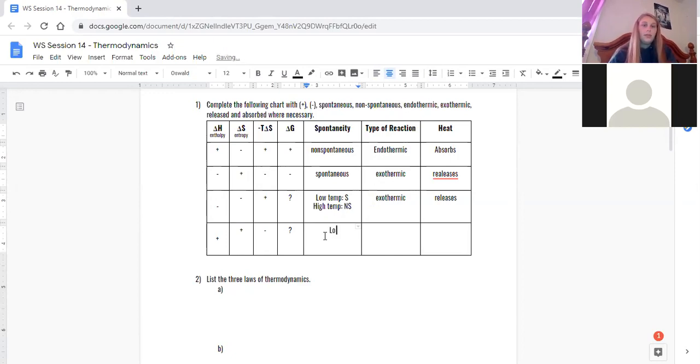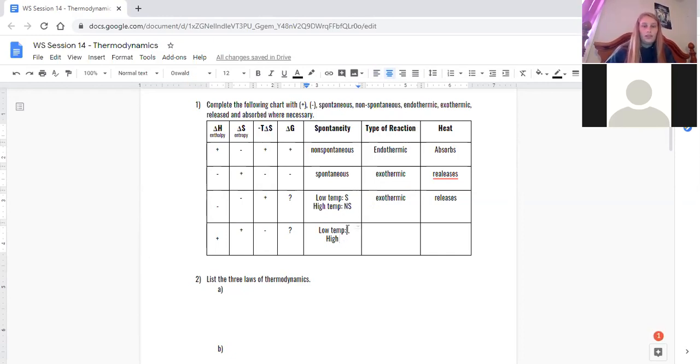At a low temp, do you think it's going to be spontaneous or not spontaneous? At a high temp, what do you think? So what do you think for the low temp? Spontaneous or not spontaneous? Just put a guess out there.